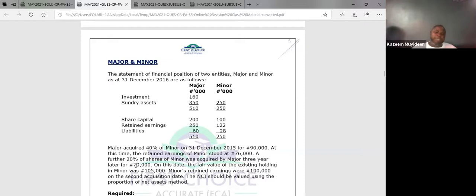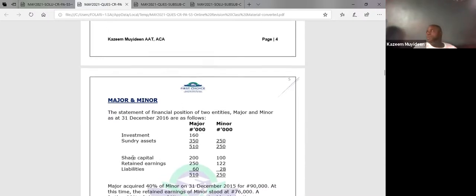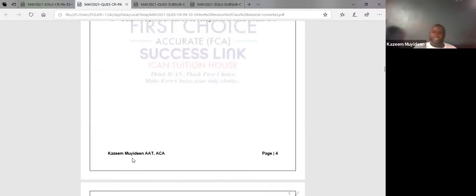The net asset of the day he has control must be used. Then the fair value of the previous investment must also be known. Sometimes they will not give you, you use the market price per share to calculate it.